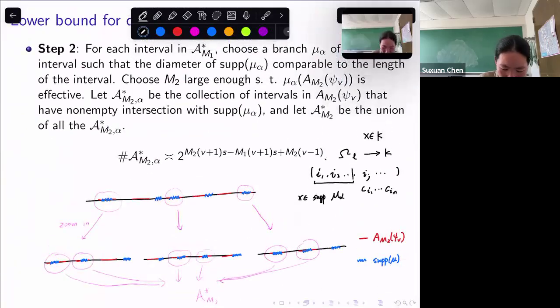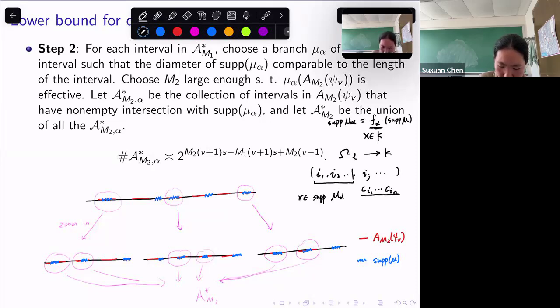Because we have the support of mu alpha is equal to f alpha times the support of mu. So the contraction ratio of f alpha is c sub alpha, which is c sub I1 times c sub I2 up to c sub IN.